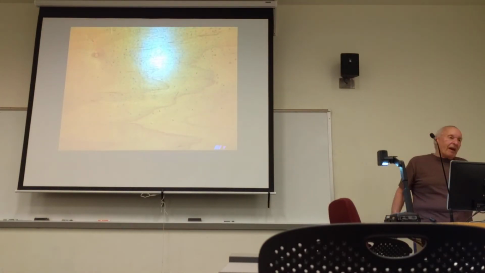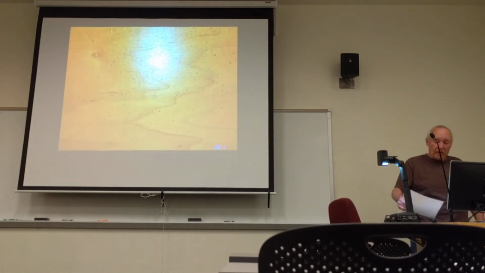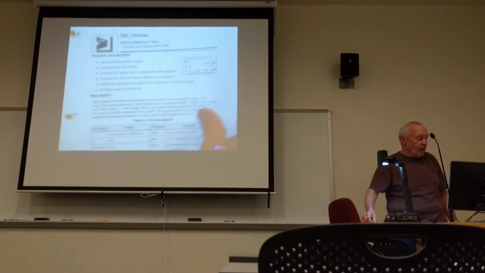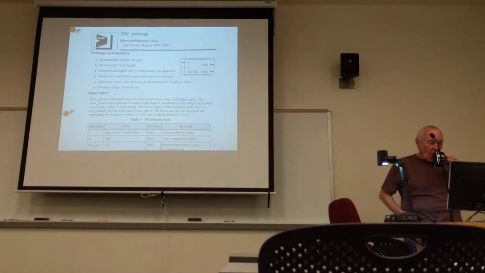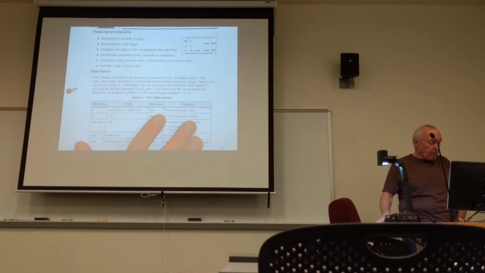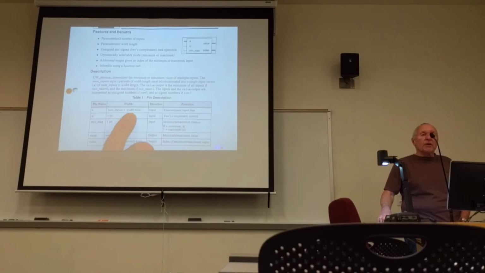The last one, and I thought this was kind of a clever device, the min-max. You have a variety of inputs and two outputs called value and index. The number of bits in the input is number of inputs times the width of each input.